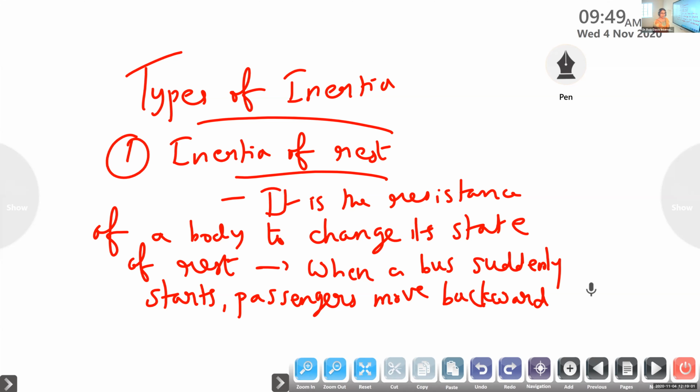What happened? Lower part of the body tries to move with the bus, at the same time your upper part of the body remains in the state of rest. So the upper part moves backward, but your feet and other lower parts start moving with the bus. That is the reason for inertia of rest.